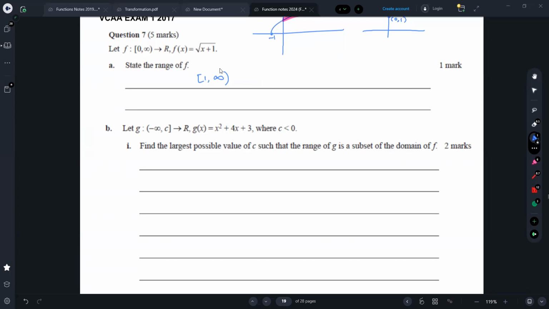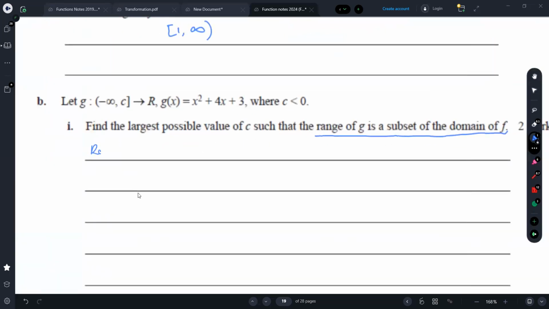Okay, so what do we actually know? Well, I think we should focus on the second part. The range of G is a subset of domain of F, which implies we can kind of manipulate G in some way, right? Oh yeah, we can change the C value. Okay, so range of G, whatever that may be, we don't know yet.